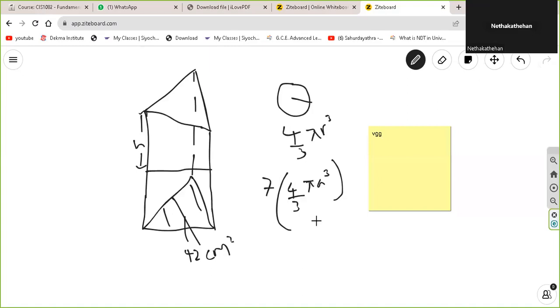I have an idea. Volume of right prism equals to volume of 7 times the spheres plus the rising water level. So shall we put that as an equation?